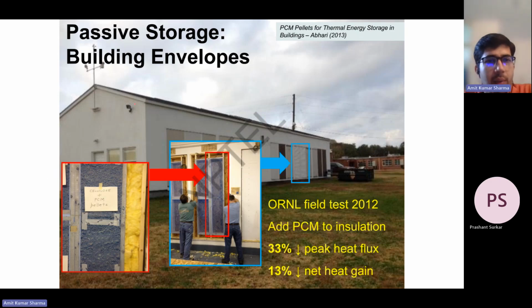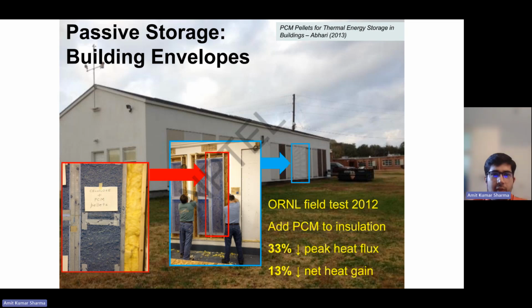So this is a passive storage building envelope. So here also we are using a phase change material, so that these doors are storing the energy, okay, and they have reduced the energy required for heating or cooling. So we are adding the phase change material to insulation, okay.